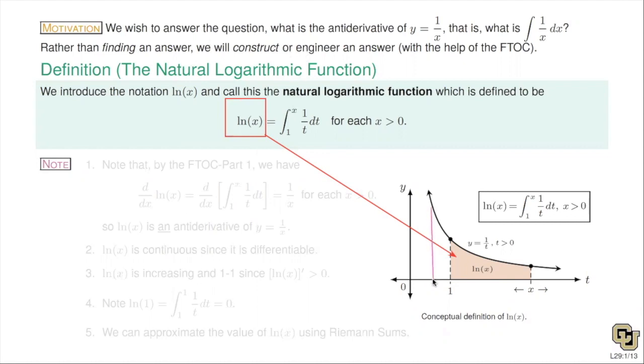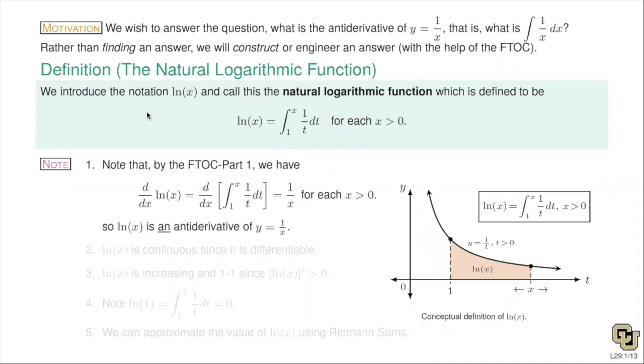If I pick an x value that's to the left of 1, then when we integrate from 1 to this smaller number, because we've changed directions, the ln of that value will be negative. So it's possible for the ln to be positive or negative.